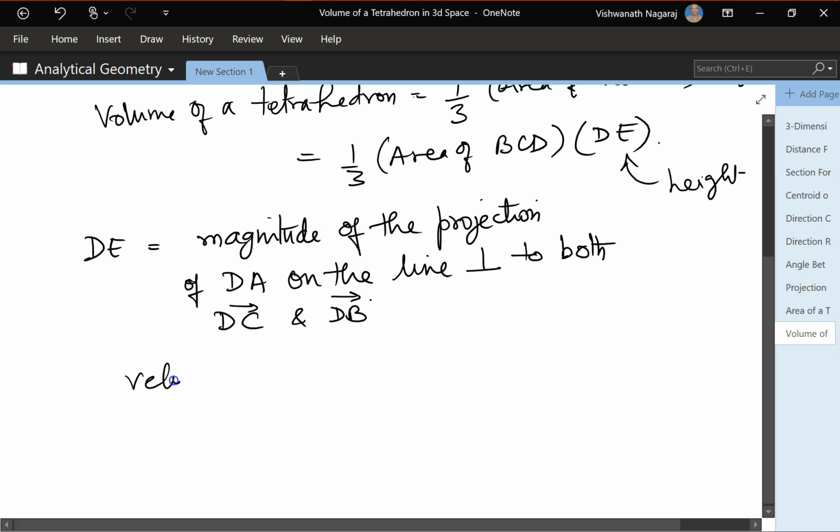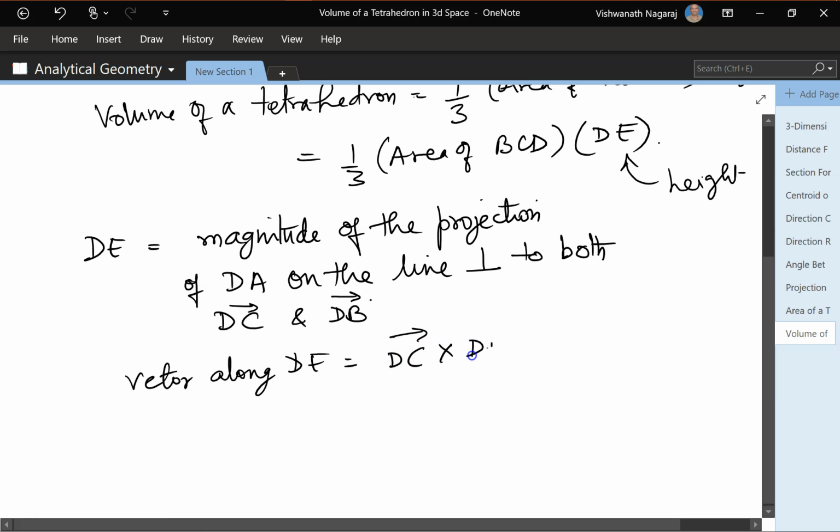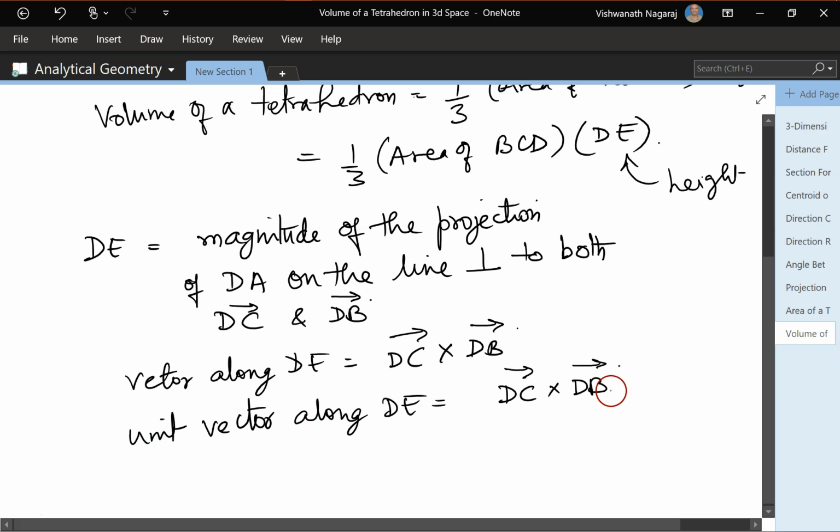Now, the vector along DE would be the cross product of DC and DB. The unit vector along DE would be DC cross DB divided by the magnitude of DC cross DB. The numerator gives you the magnitude and direction, the denominator gives you only the magnitude. So the magnitude cancels and leaves 1, and the direction of the numerator is left.